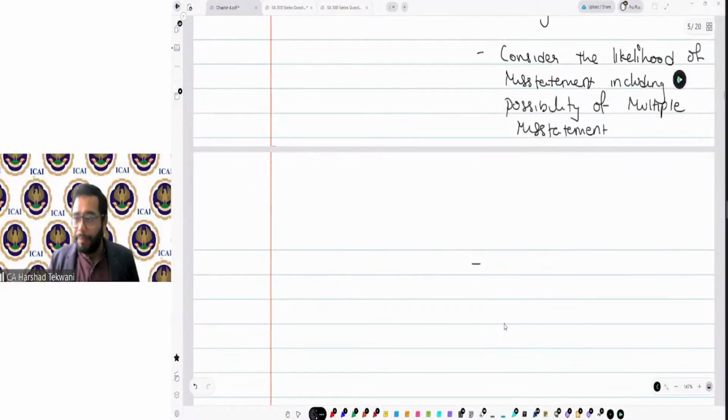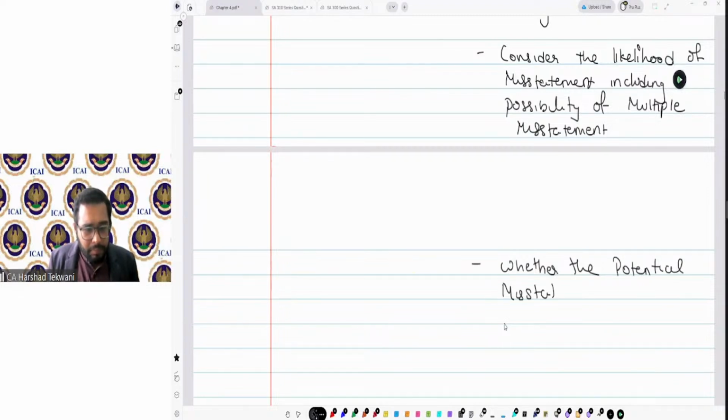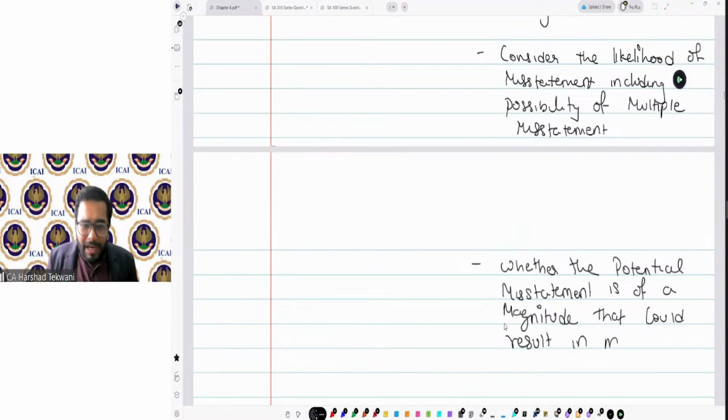Then the standard says understand whether the potential misstatement is of a magnitude that could result in material misstatement. Again, I think we have performed this activity.